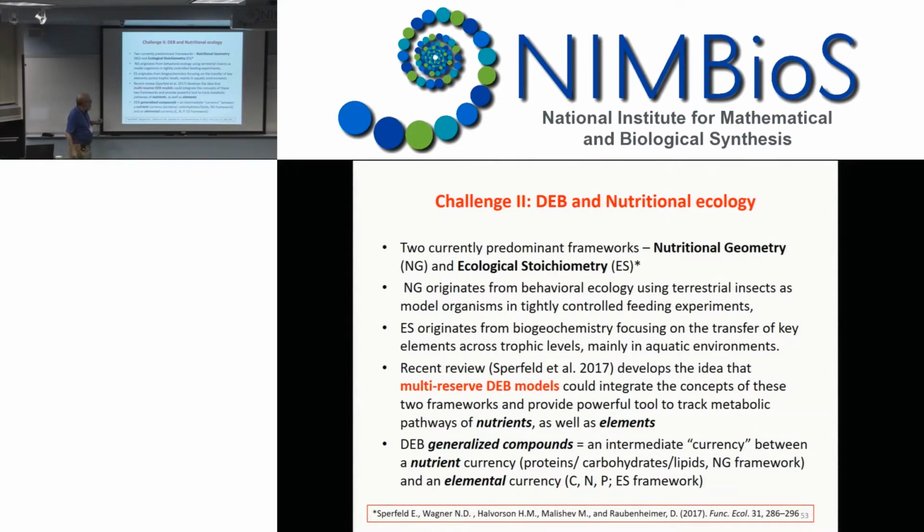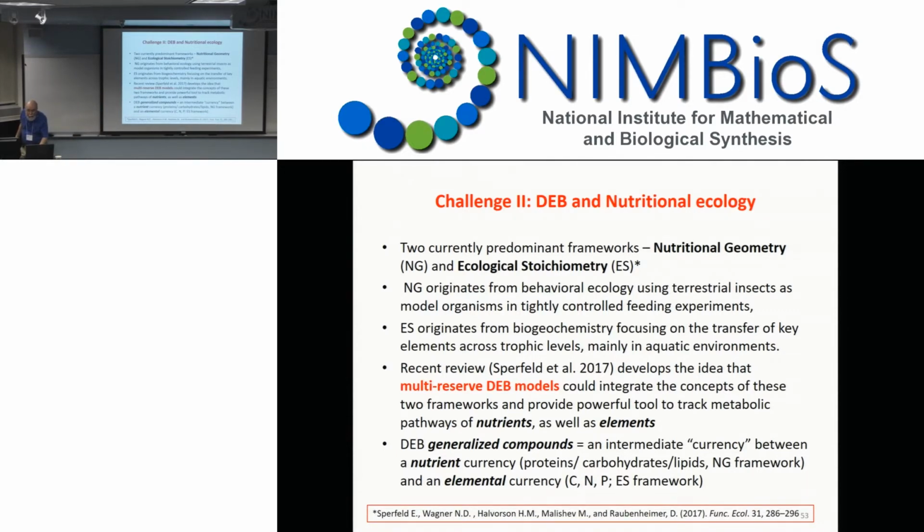But in both cases there was work involving achieving some kind of homeostasis within the organism. And this paper, which I think only came out a few weeks ago, or a month or two ago, I'm not quite sure, points to a potential unification and makes a connection with what are sometimes called multi-reserve DEB models.